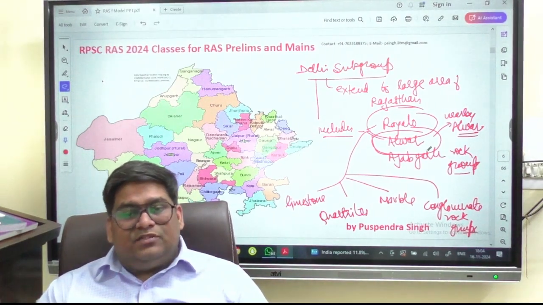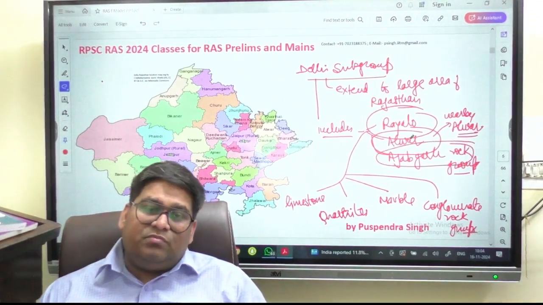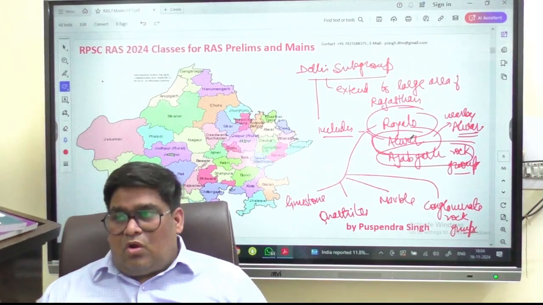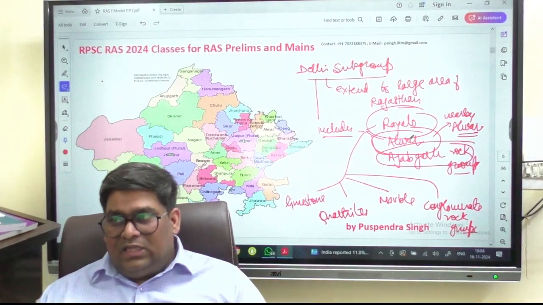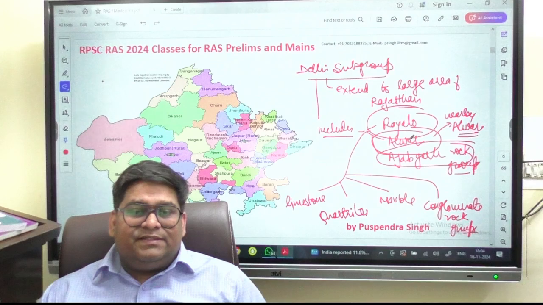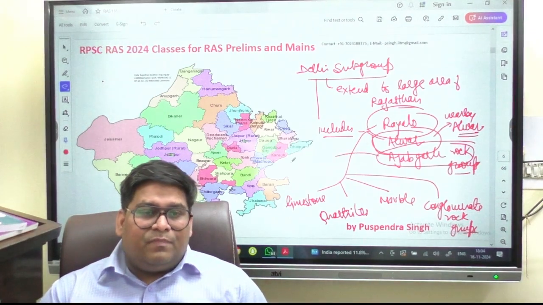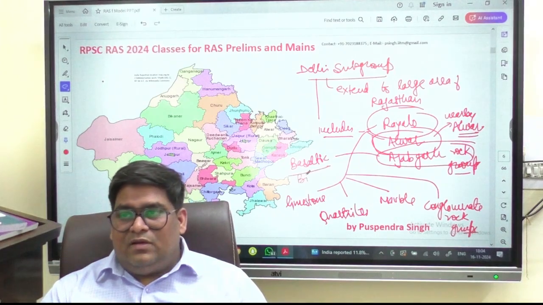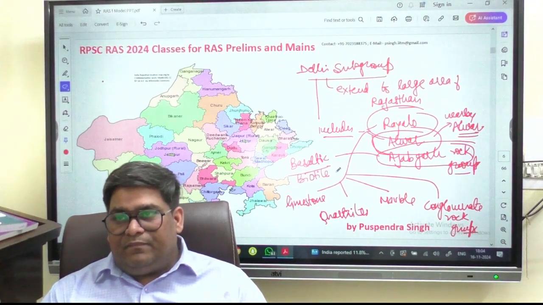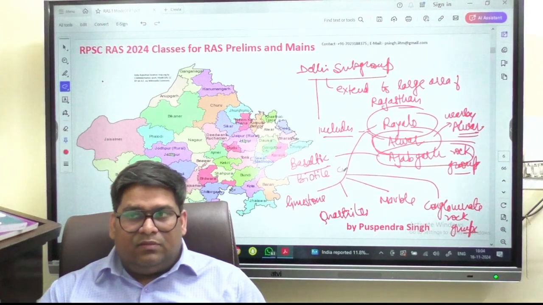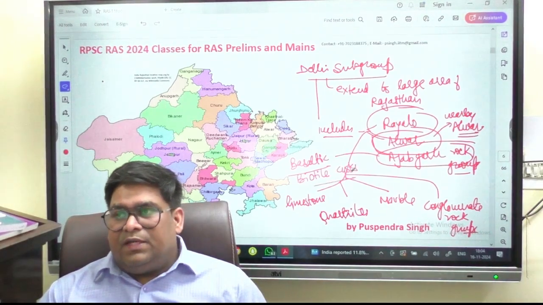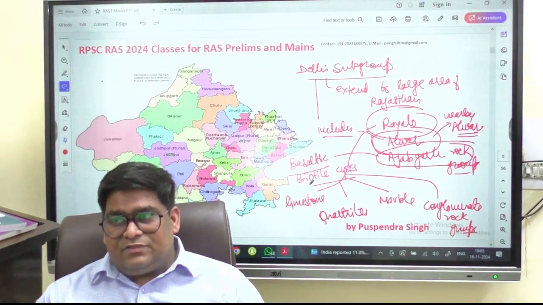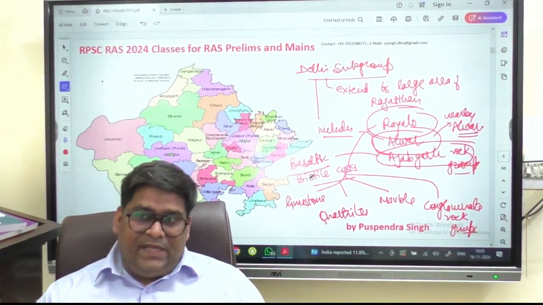Then we have this Ajabgarh rock group. In this Ajabgarh rock group, you can say the basaltic rocks are primarily found. They are mainly biotite schist. Okay, they also found some pegmatite igneous rocks intervening.